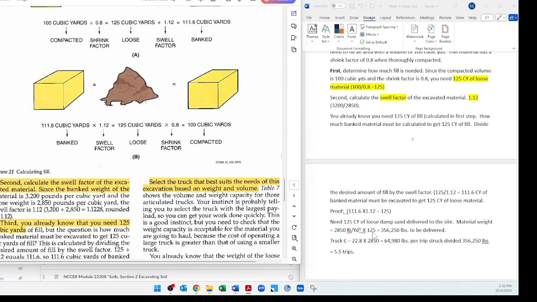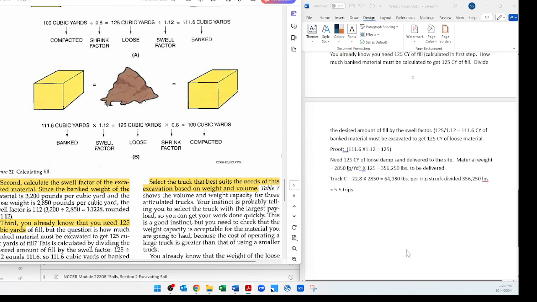Multiply that times 125. 1 cubic yard weighs 2,850, but we need 125. So the total weight of soil we need is 356,250 pounds. That's how much we have to deliver.